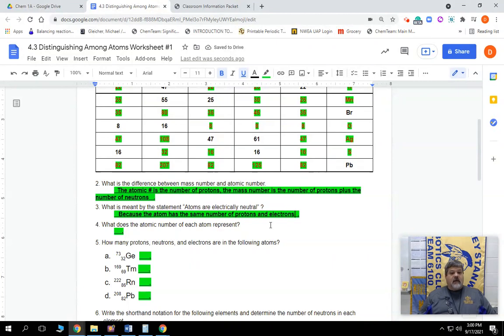Okay, and so they have equal numbers of charges.